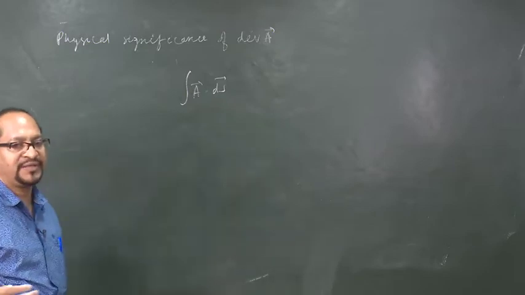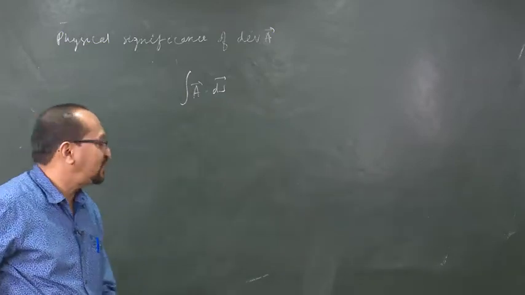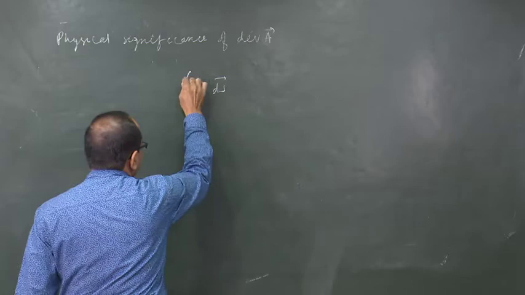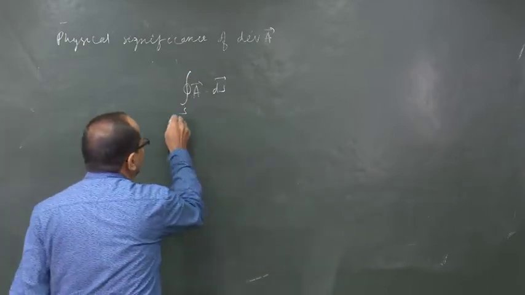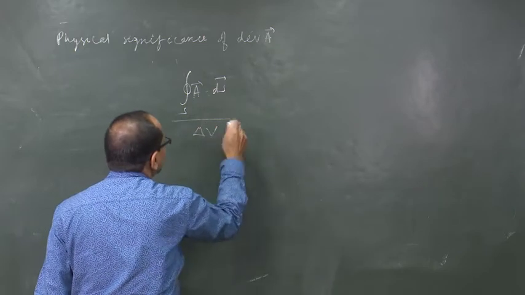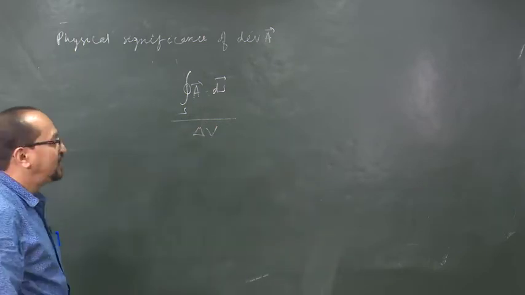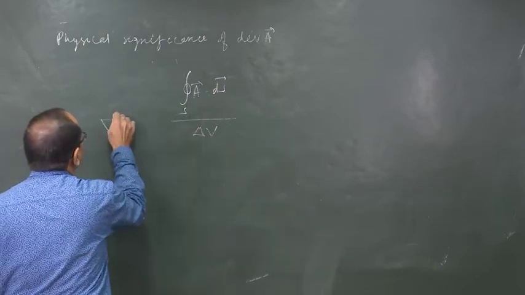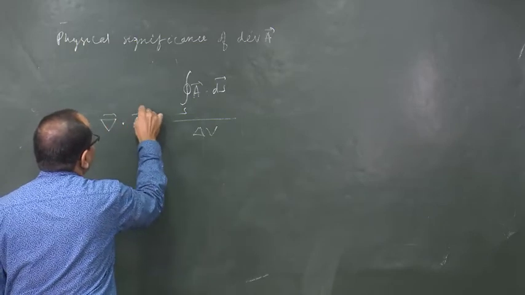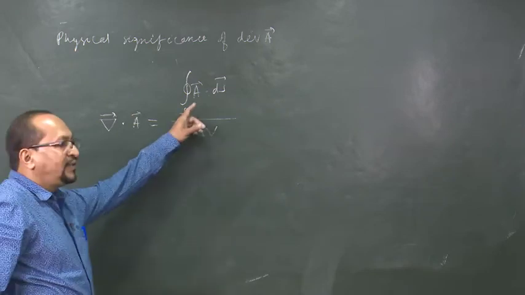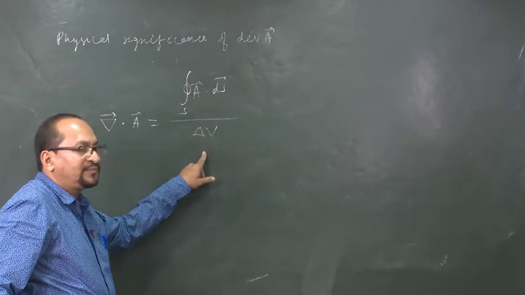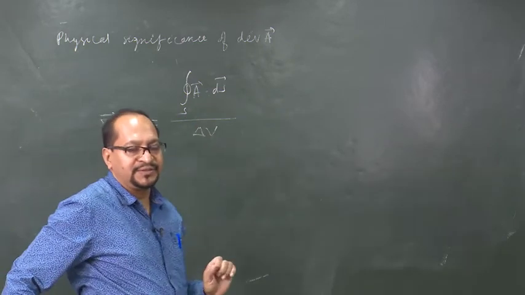Flux is calculated as the surface integral of the vector. If it is a closed surface, then we integrate over the closed surface S, and this net flux per unit volume gives you the divergence of vector A. So, divergence of vector A is the net flux per unit volume.